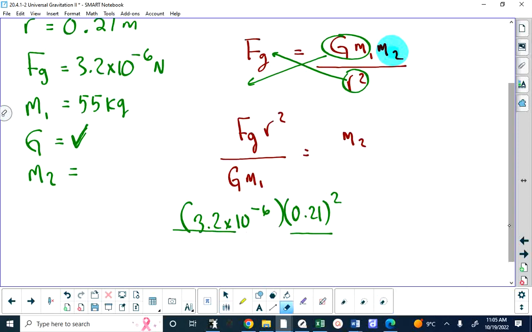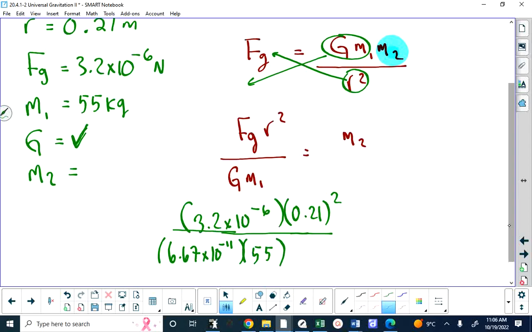Maybe I shouldn't abbreviate that. I'm going to write out what G is, because I didn't want you to look at this and see G and think it's an unknown. It's a number we know. This is equal to M2.